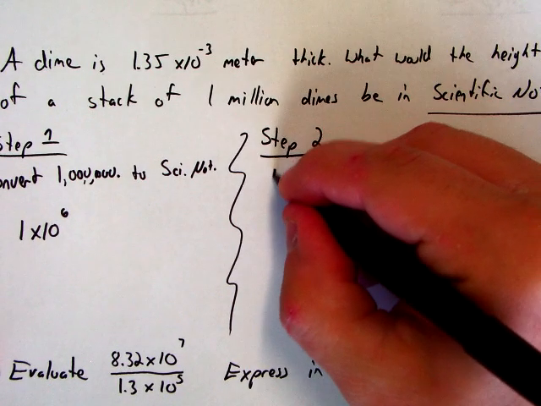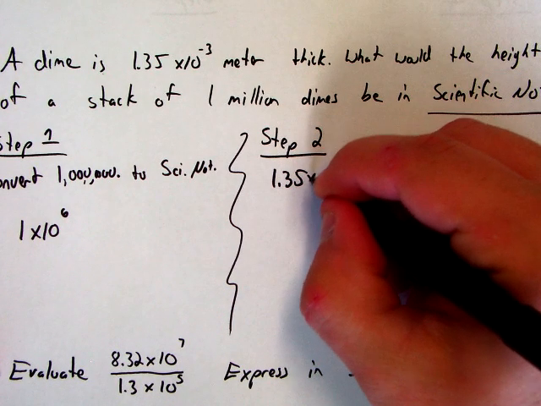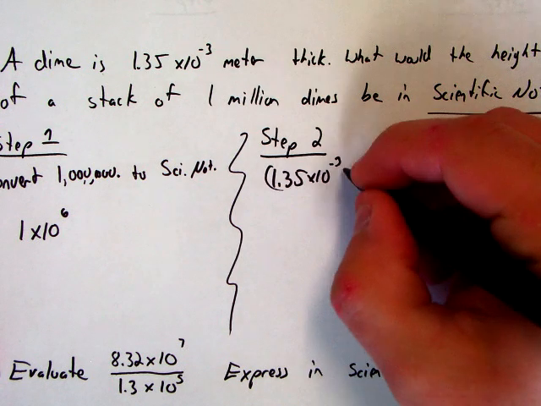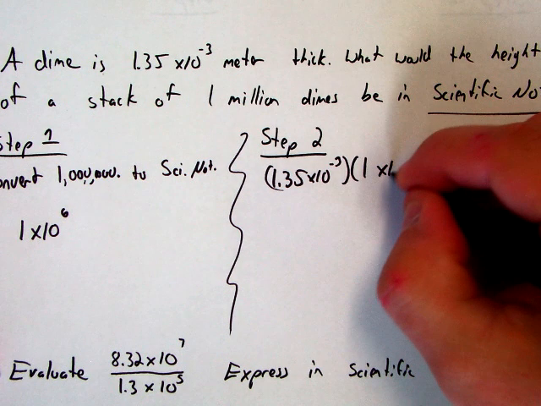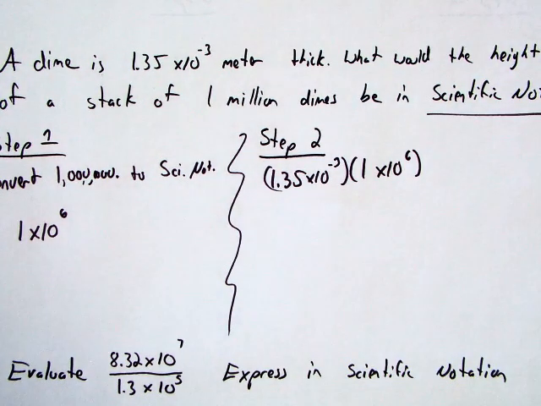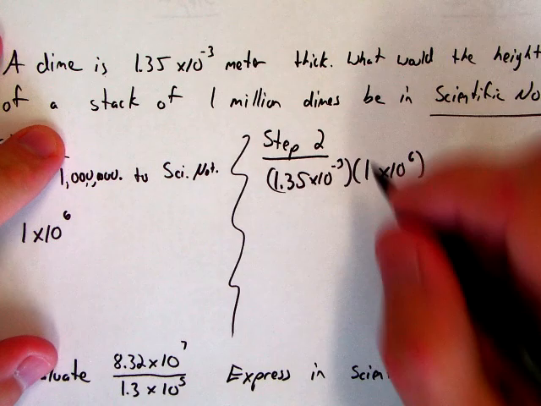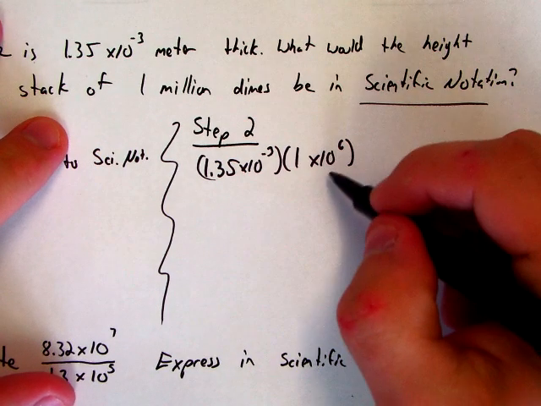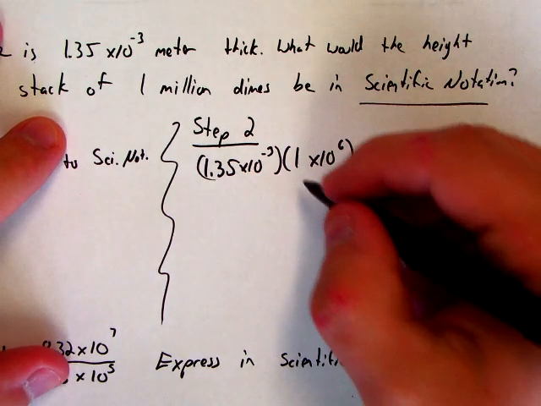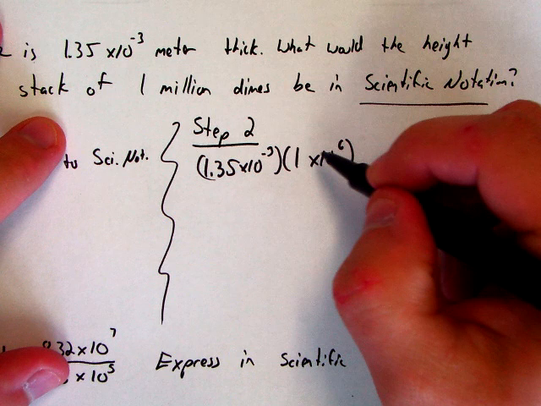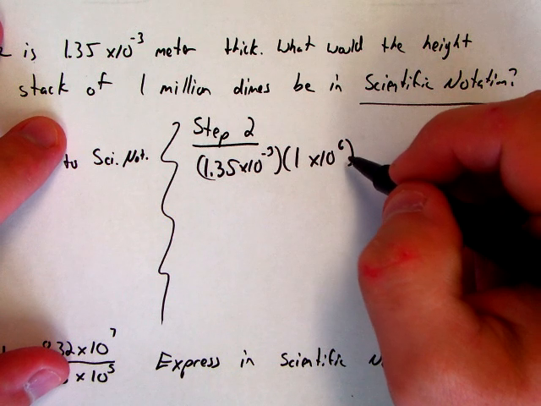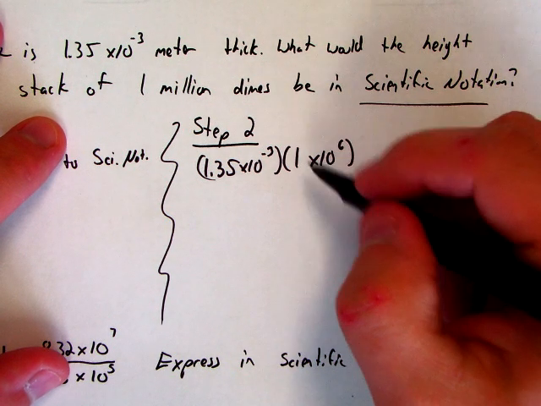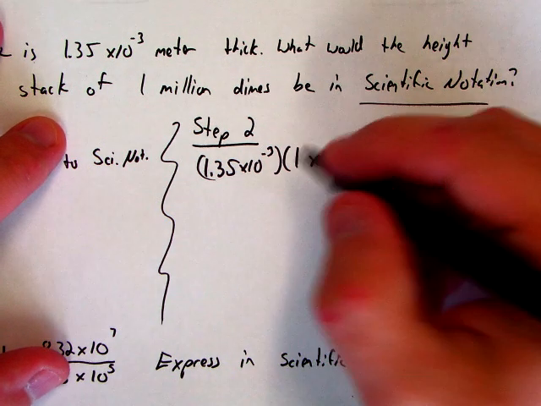Step 2, I'm actually going to take 1.35 times 10 to the negative third and multiply it by 1 times 10 to the 6th. Now, the process that I'm going to use in order to do this, I'm going to use something called the commutative property of multiplication. And because everything is being multiplied together, the commutative property says it doesn't matter the order that things get multiplied in.